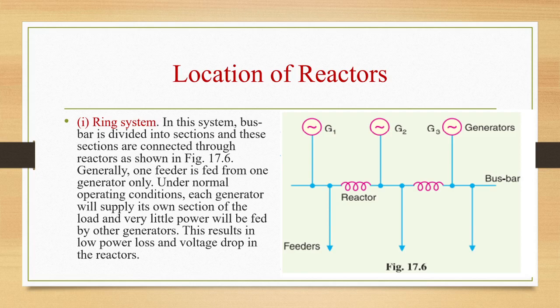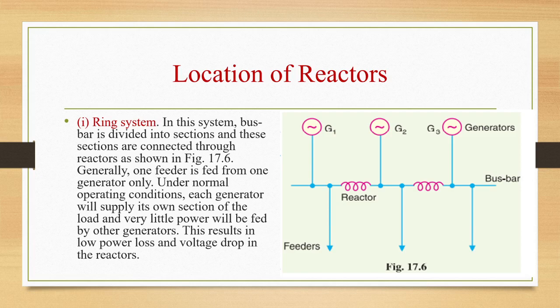So in this system, bus bar is divided into sections and these sections are connected through reactors. One feeder is fed from one generator only, and under normal operating conditions, each generator will supply its own section of the load and very little power will be fed by the other generators. So this results in low power loss and voltage drop in the reactors.